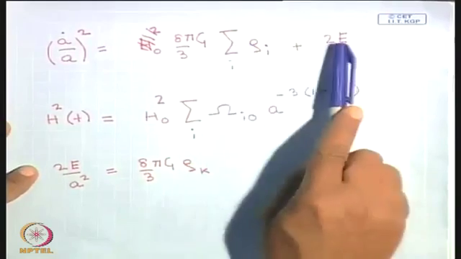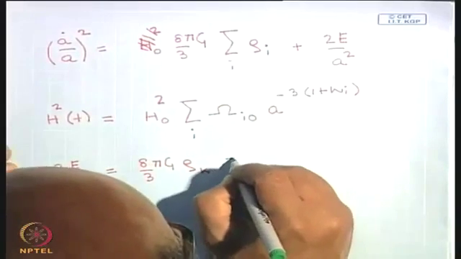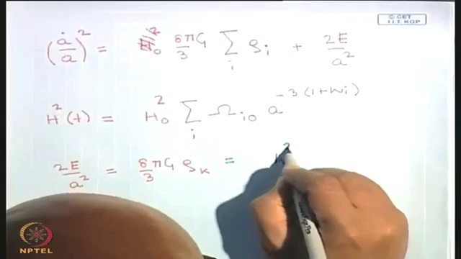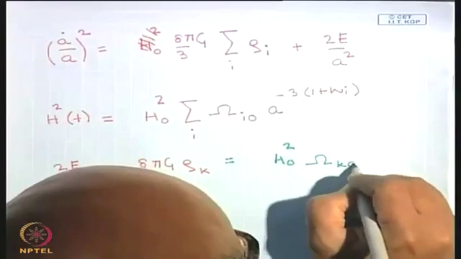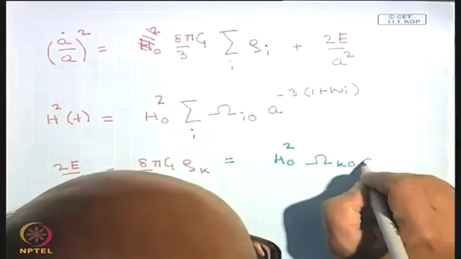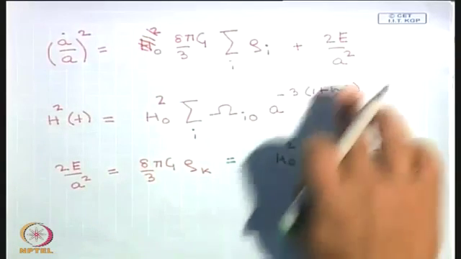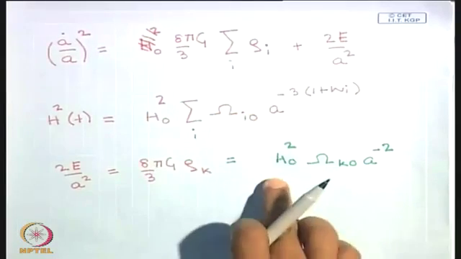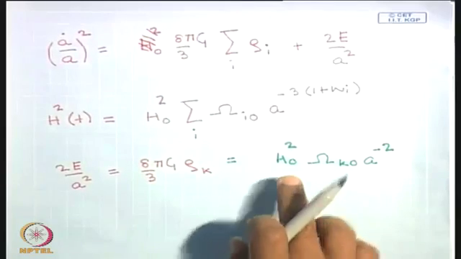This term has also been written as H naught squared omega curvature naught a to the minus 2. This term falls as a to the minus 2. Okay, this basically parameterizes this constant of integration.